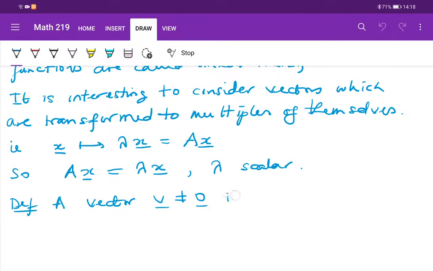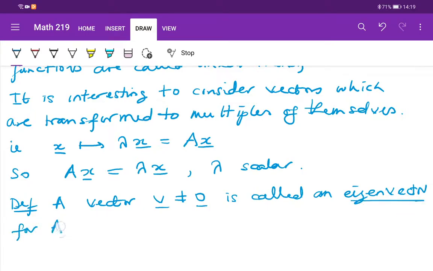We call it an eigenvector for A if A times V is equal to lambda times V for some number lambda.